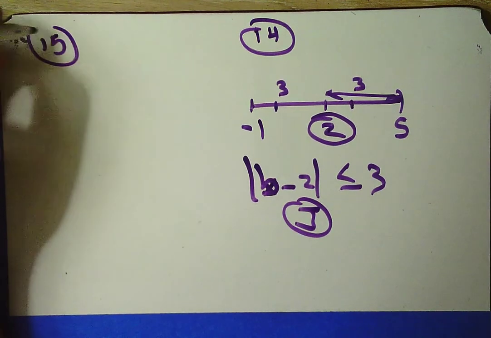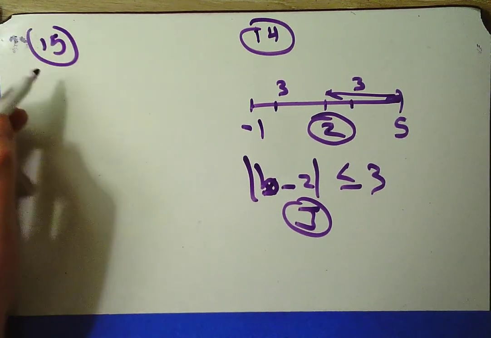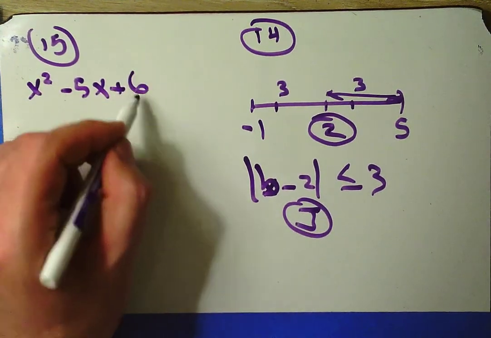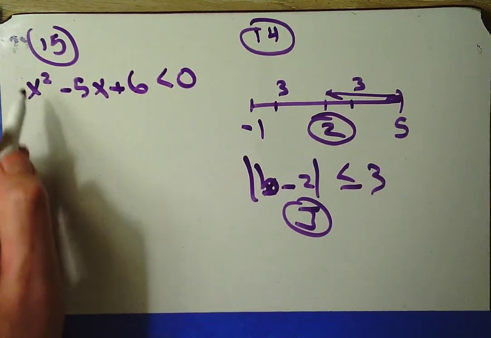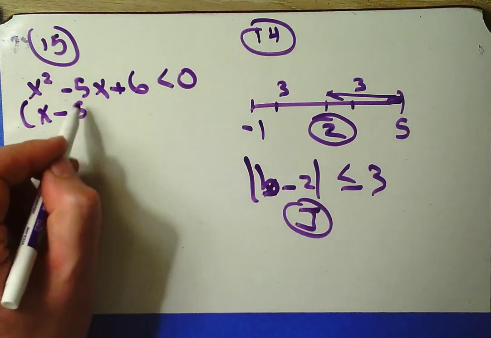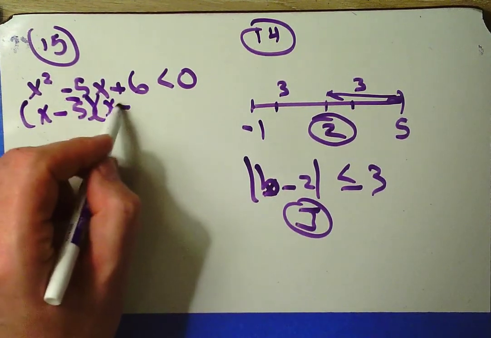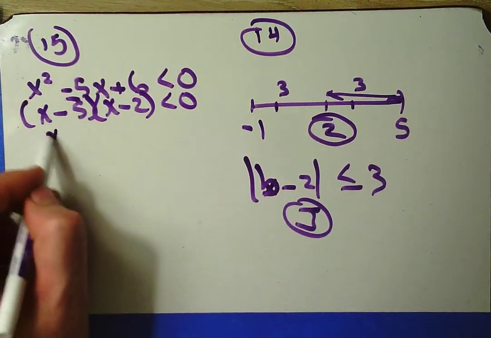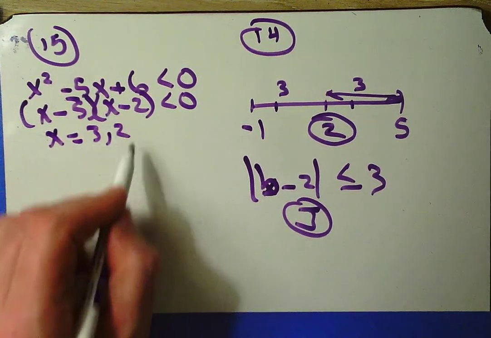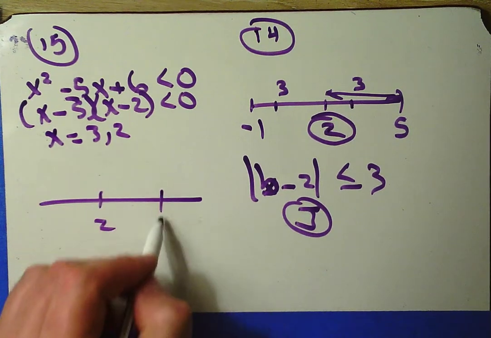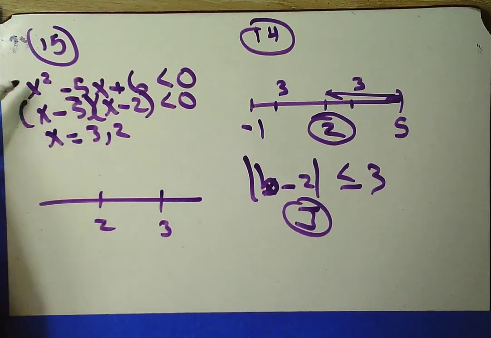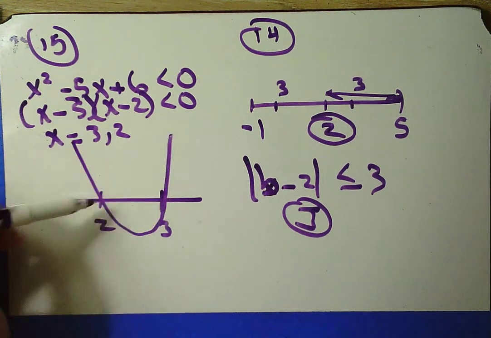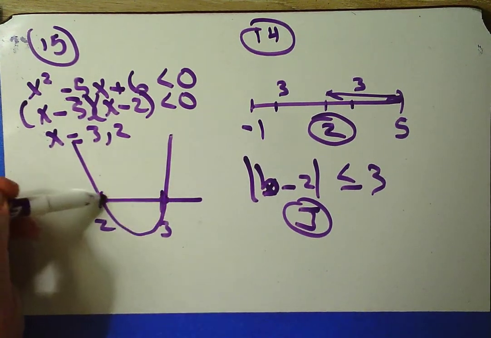15. For what values of x is x squared minus 5x plus 6 less than 0? Well, I know I can factor this as x minus 3 and x minus 2, and that means I'm going to have x-intercepts at 3 and 2. If I think about this graphically, I'm looking at an upturned parabola, and these are the x-intercepts of that parabola.